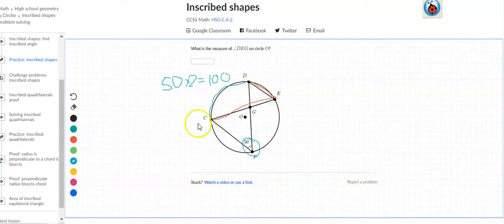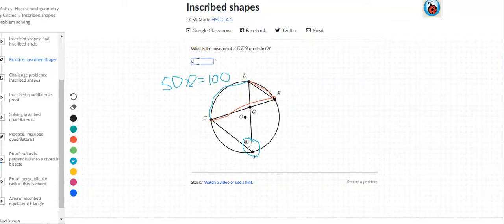And since DEG intercepts that same arc, it also just equals 50. So it's just 100 divided by 2. So we recognize those are just the same measure because they intercept the same arc.